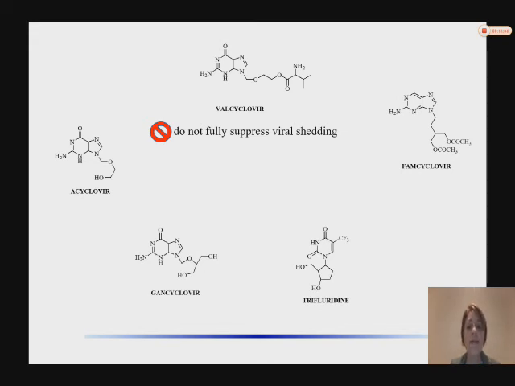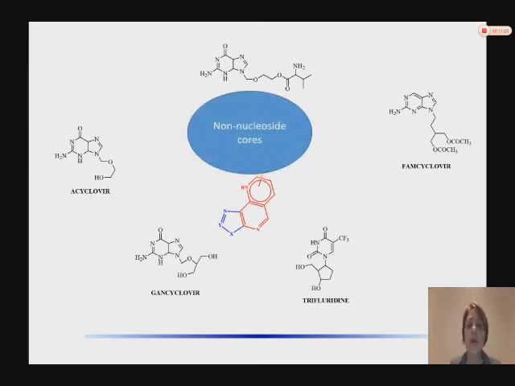All these drugs can limit viral DNA replication and suppress the disease symptoms, but they do not fully suppress viral shedding, allowing the virus to persist. Thus, a long-term therapy is necessary, leading to the development of drug-resistant strains. Therefore, it has become mandatory to explore non-nucleoside cores in order to find new antiviral agents.